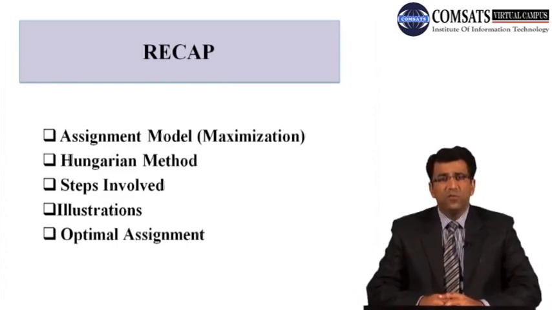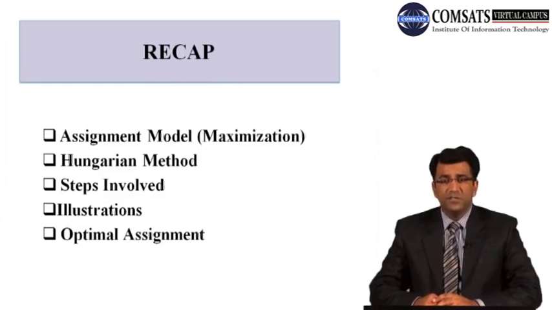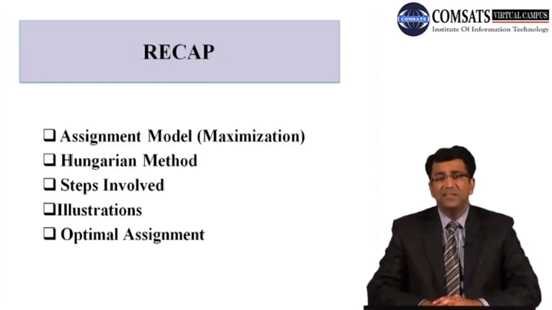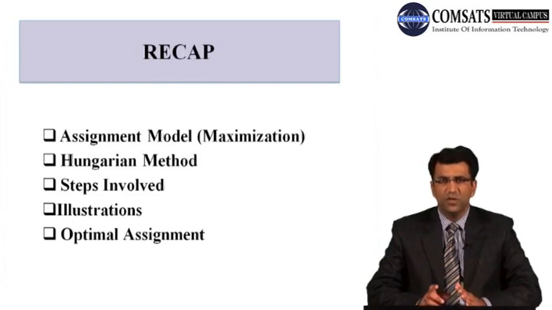But you may have noted one important assumption in all the questions we have just done, that the number of jobs was equal to the number of machines. Up till now, we were facing the balanced assignment problem, that is, the number of jobs was equal to the number of machines or persons to which these jobs are to be assigned.